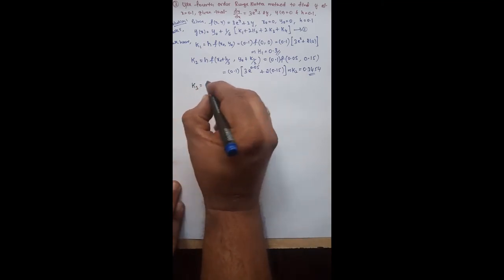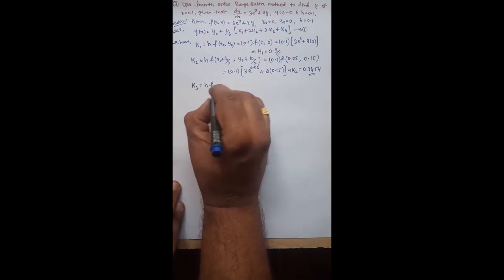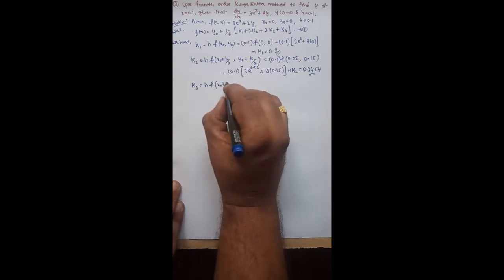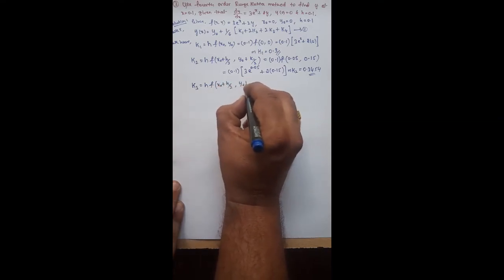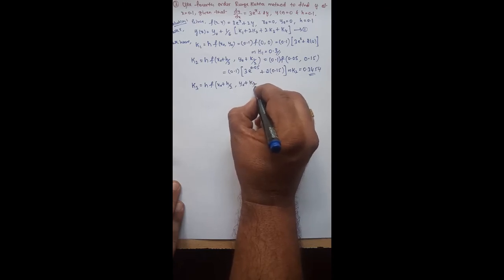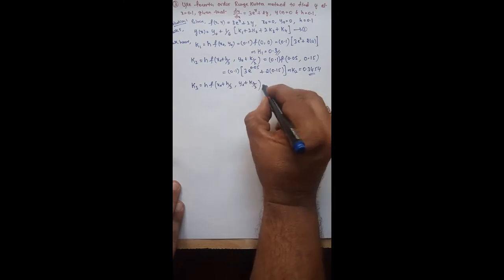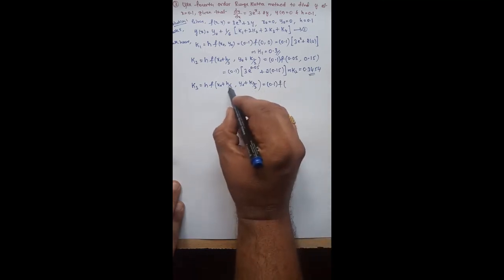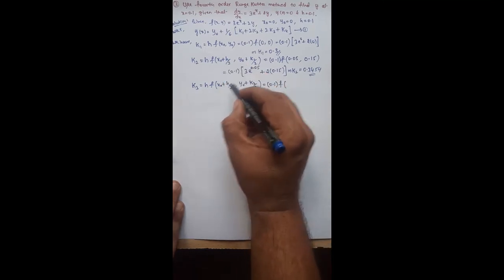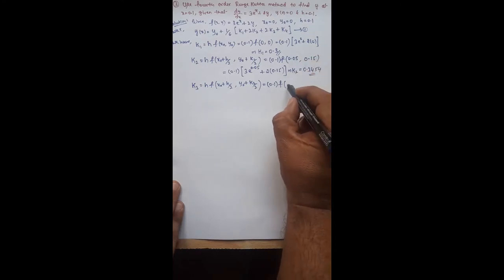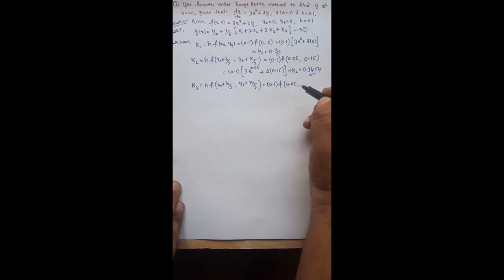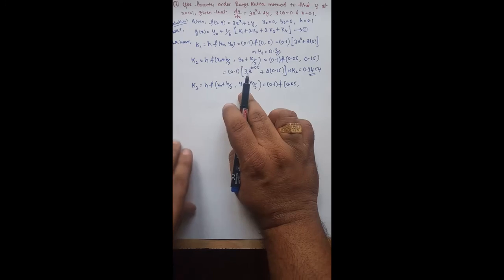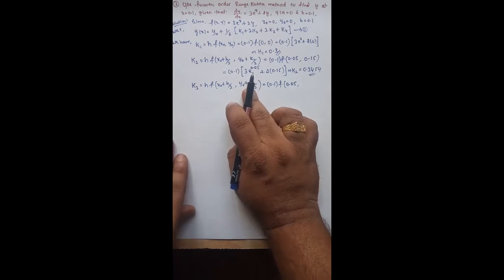Now the next parameter K3. The formula for K3 is the same. Again h into f of x naught plus h by 2 comma y naught plus K2 by 2. So this is equal to h, which is 0.1, into f of x naught plus h by 2, which is already done, it is 0.05, comma y naught plus K2 by 2.